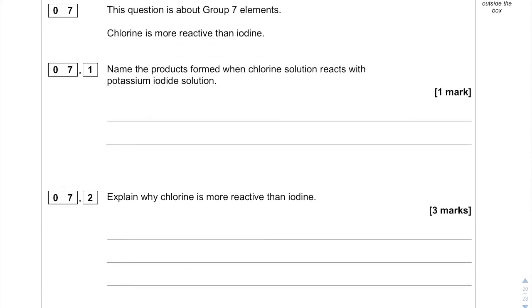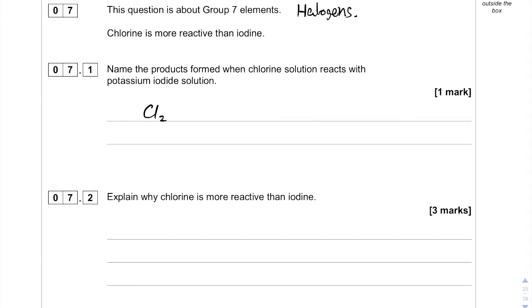Question 7, group 7 elements which are halogens, so write that down. Just to remind yourself, chlorine is more reactive than iodine. Name the product formed when chlorine solution reacts with potassium iodide. So chlorine solution is Cl2 in aqueous solution.